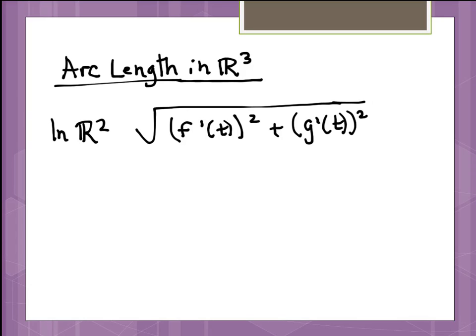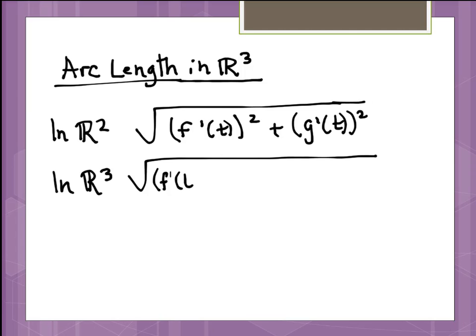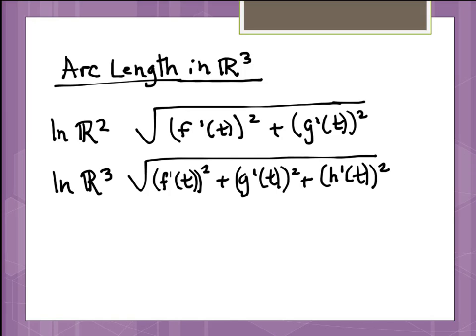We derived that arc length formula back in, I think it was chapter 10. And so what do you think might happen now that we are in R3? We're going to add an additional component. So we've got the derivative of each of our components squared, and our last one is h prime of t squared.